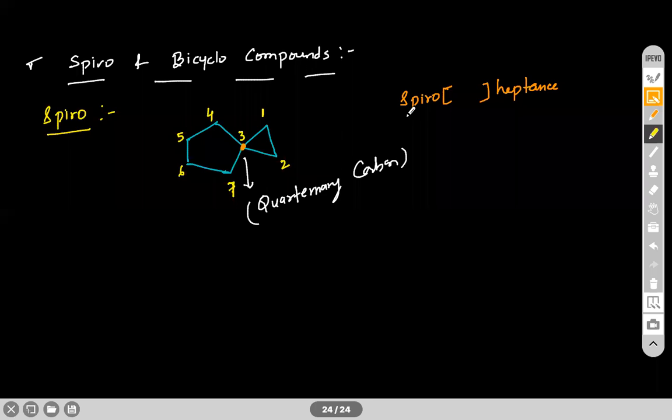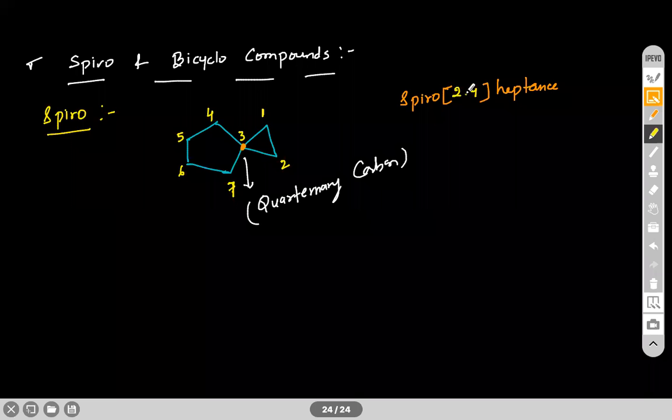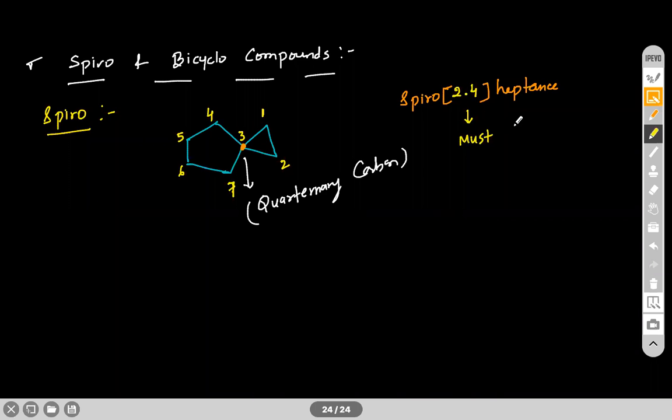So the smaller ring, if you leave this carbon, we have 2 carbon atoms here, so 2, and the larger ring, if you leave this carbon, we have 4 carbon atoms here, 2 and 4. These numbers must be separated by a dot. If you write a comma, your answer will be wrong. So this is the name of this compound.